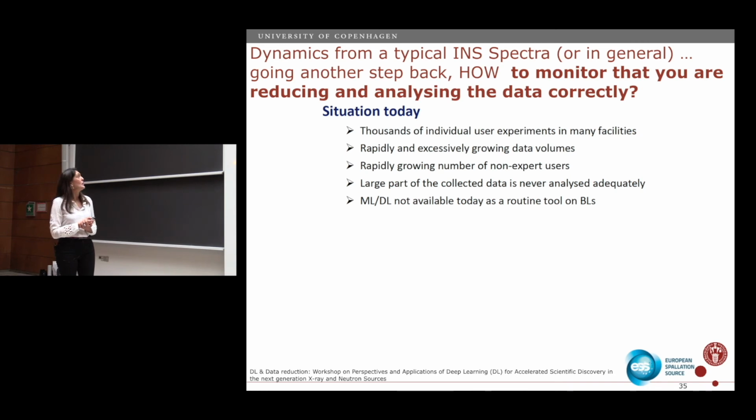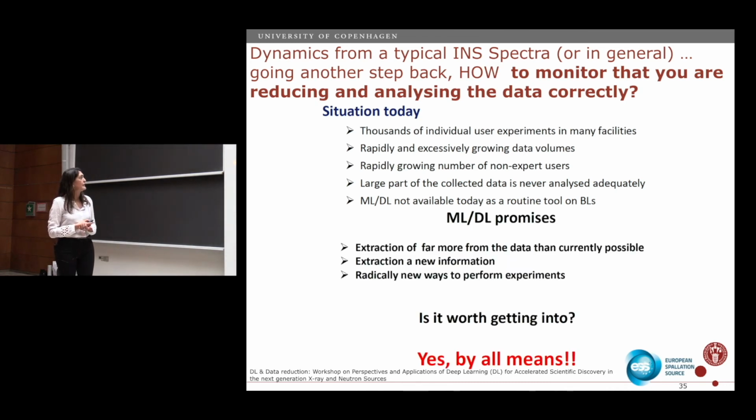The non-expert users, and then basically what happens is a lot of data is quickly analyzed, but not fully analyzed. So there are a lot of things there that are just sitting there. And then we don't have any routine in any beamline. So it's really a field that can be fully explored.